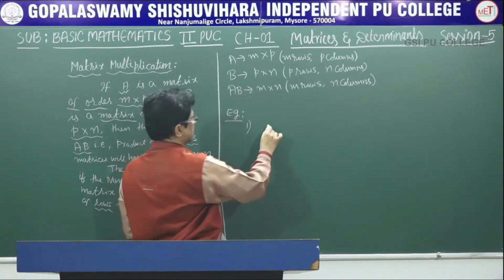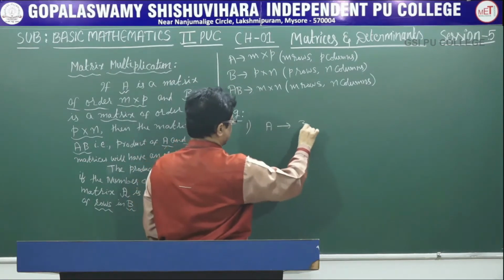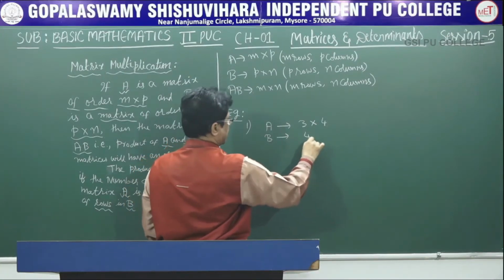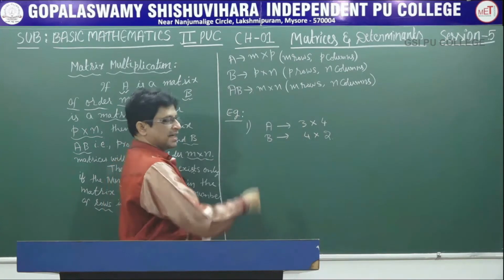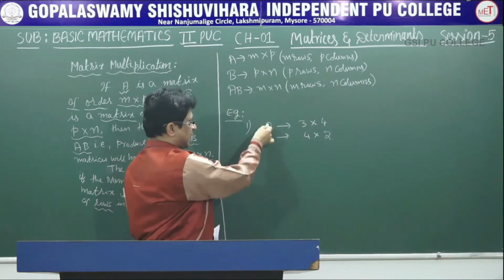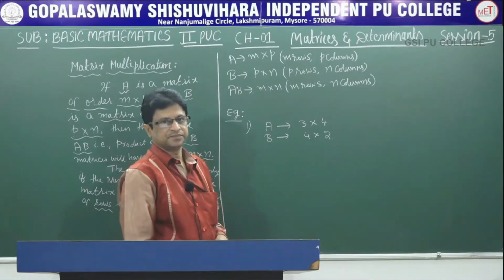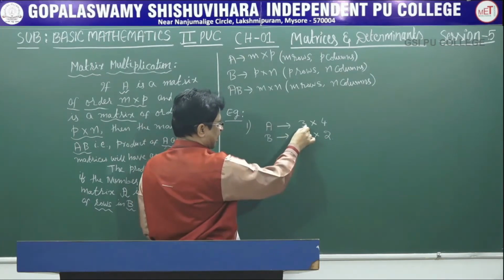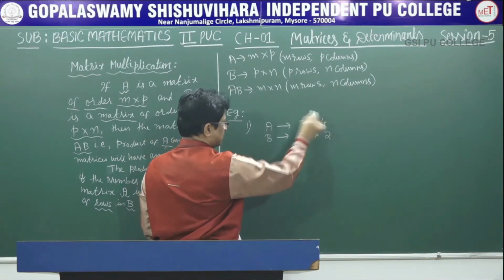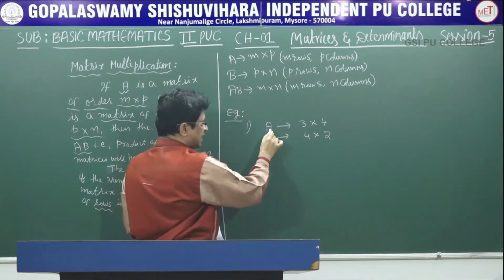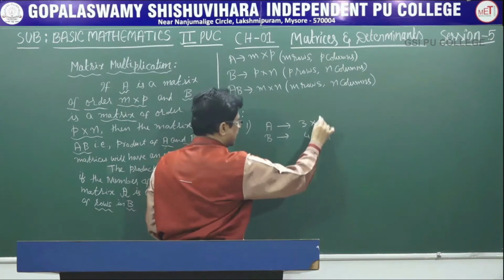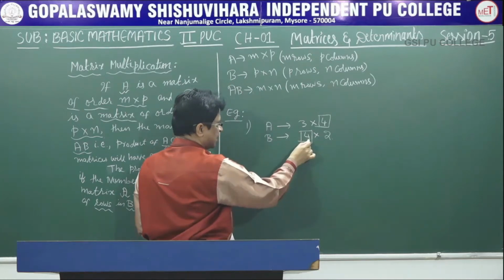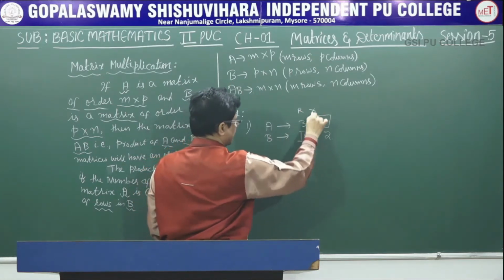So, the first example is, if A is a matrix of order 3 into 4 and B is a matrix of order 4 into 2. Let us examine whether the product matrix AB exists. See here, the number of rows in A is 3 and the number of columns in A is 4. If you observe here, the number of columns in A is equal to the number of rows in B. So, this is row into column.